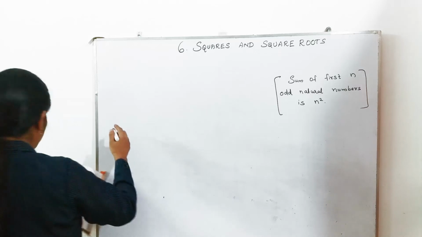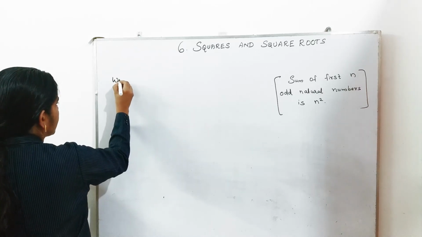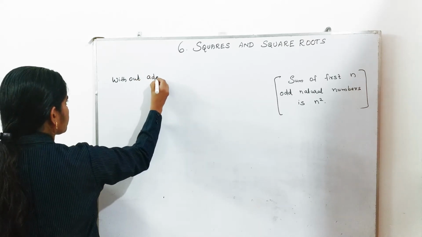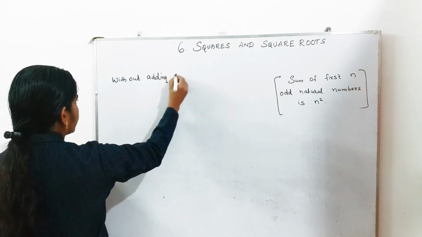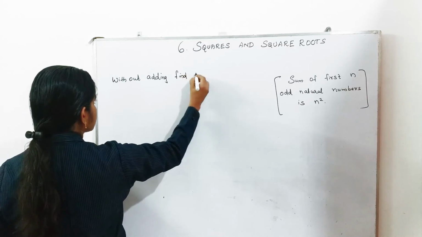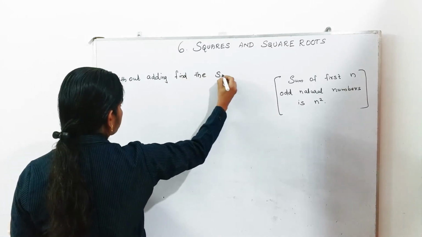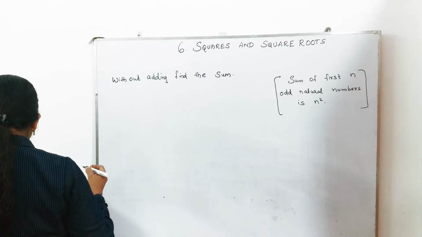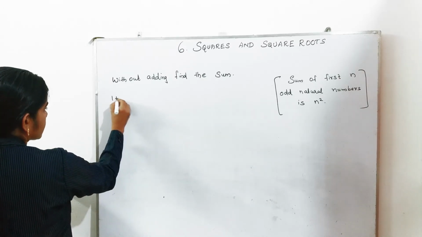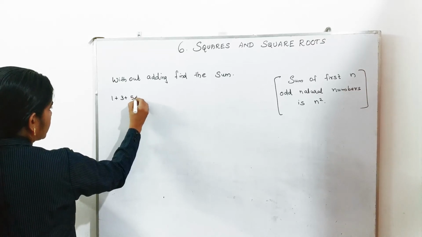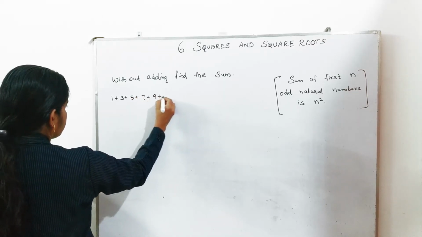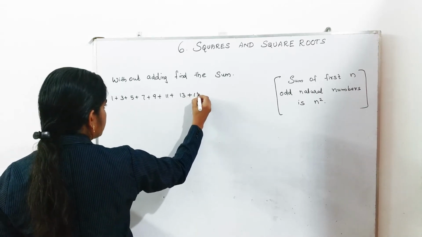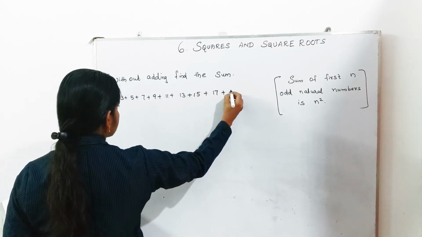First one: without adding, find the sum, that is 1 plus 3 plus 5 plus 7 plus 9 plus 11 plus 13 plus 15 plus 17 plus 19.